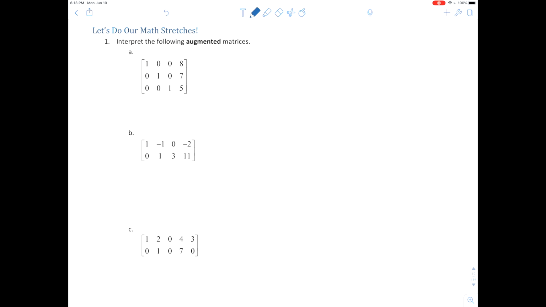Okay, let's see how you did. If you're ever in any doubt, the best thing to do is to just put this back into a system. This meaning we have 1x1 plus 0x2 plus 0x3 is equal to 8. We're just deciding what the variable is going to be notated as. 0x1 plus 1x2 plus 0x3 is equal to 7.